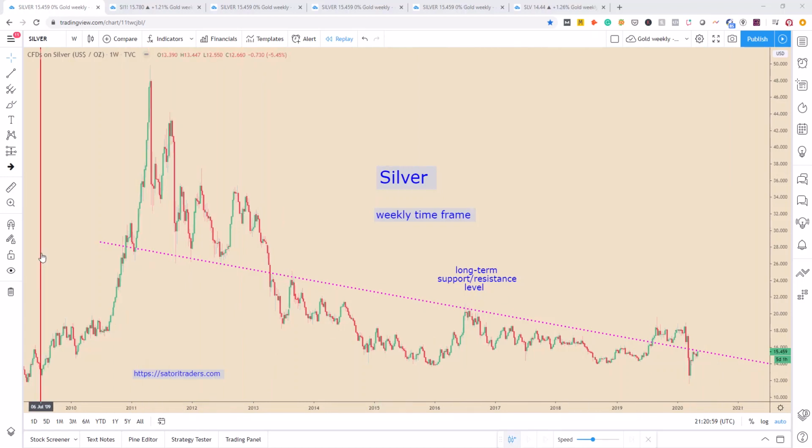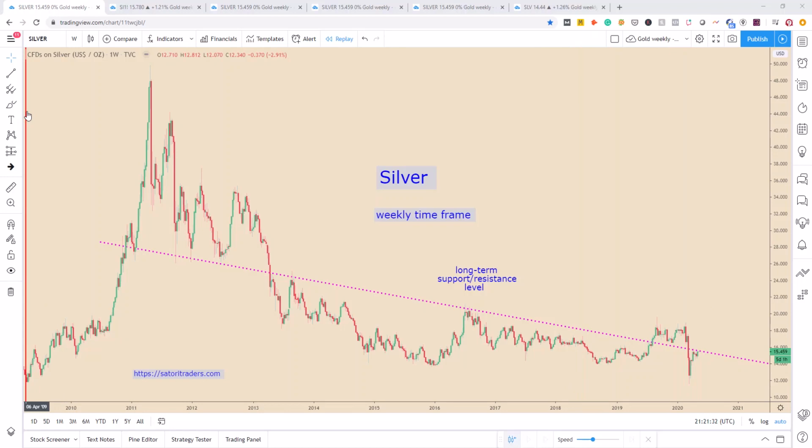That is a long-term support resistance line that, for whatever reason, the price action in silver is choosing to find support and resistance at that level. We don't know why that particular level is acting that way. We just draw it on the chart and use it to our advantage.